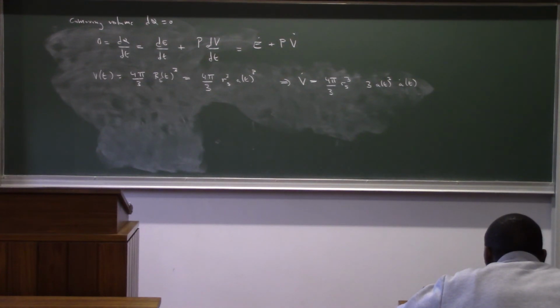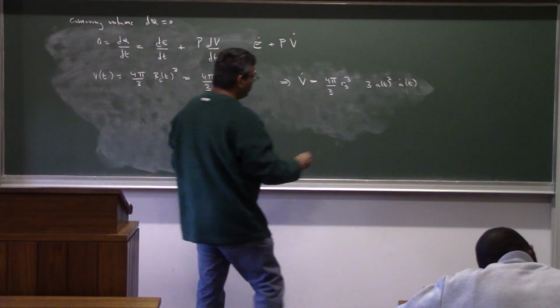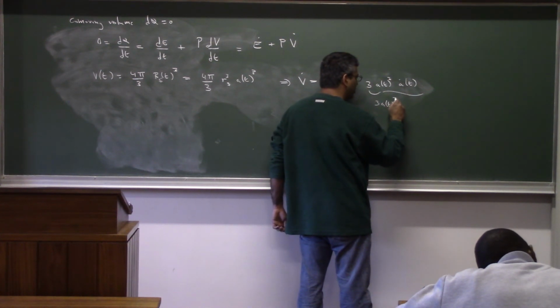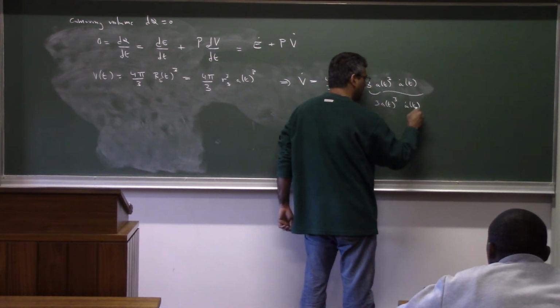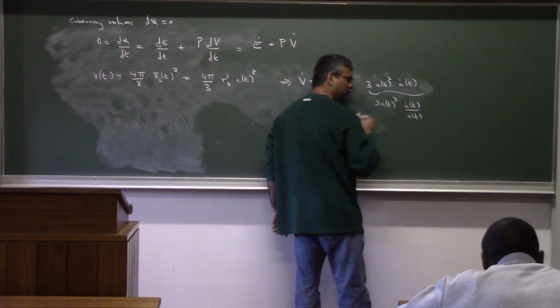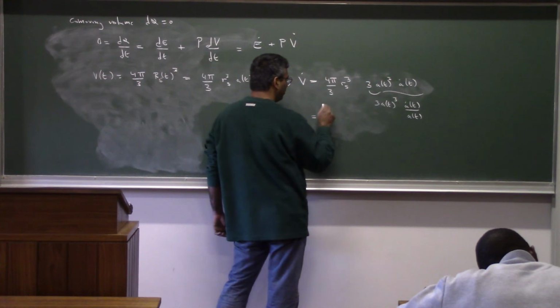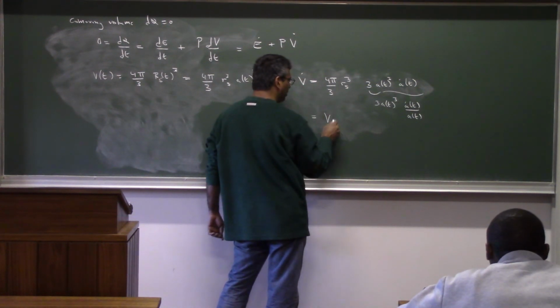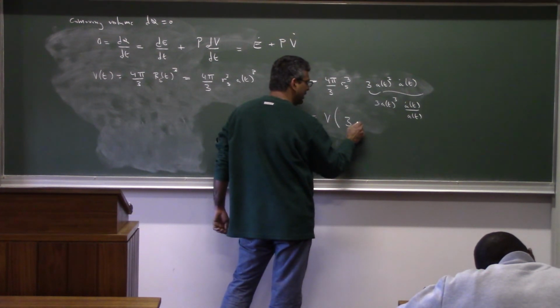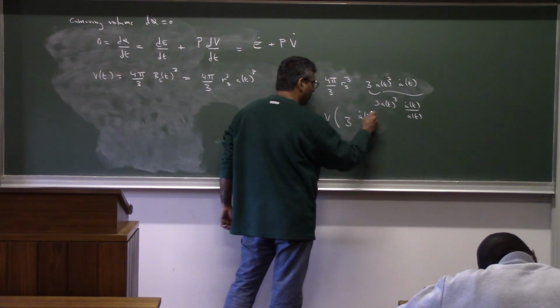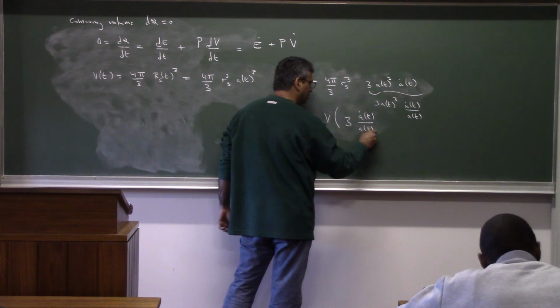So I can write this as 3 a(t) cubed a dot(t) over a(t). So V dot is equal to the volume times 3 a dot(t) over a(t).